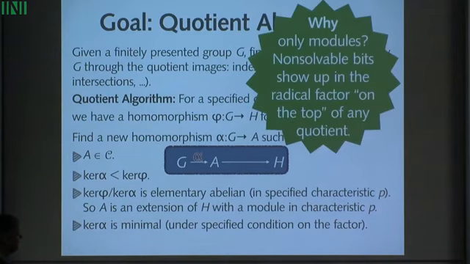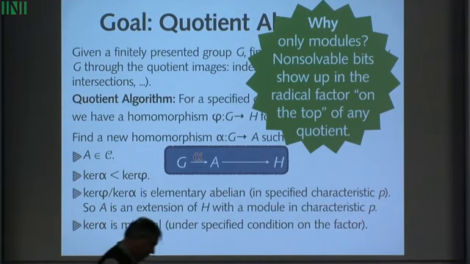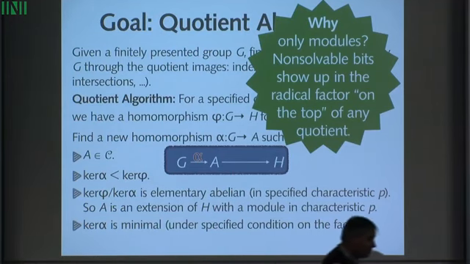We want to find a new homomorphism with a larger image, and we want this new image to be in the class. We want the kernel of the new homomorphism to lie in the kernel of the old homomorphism, and we want the quotient of these two kernels to be elementary abelian in a pre-specified characteristic P. So our new quotient will be an extension by a module.